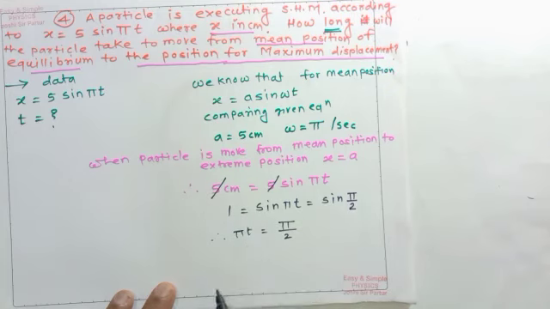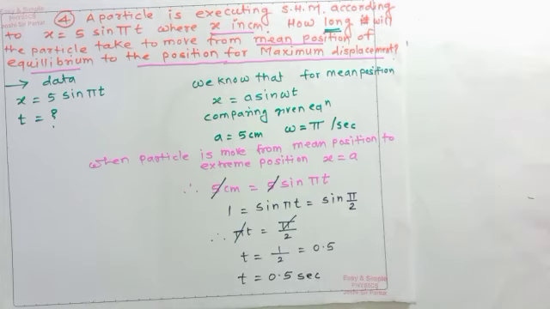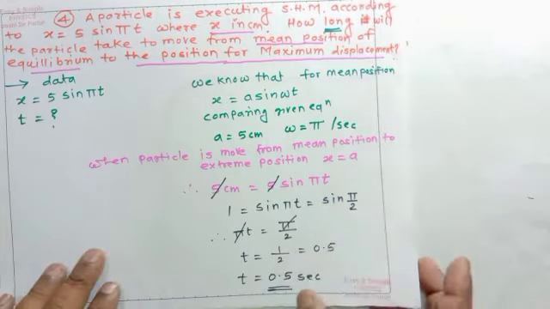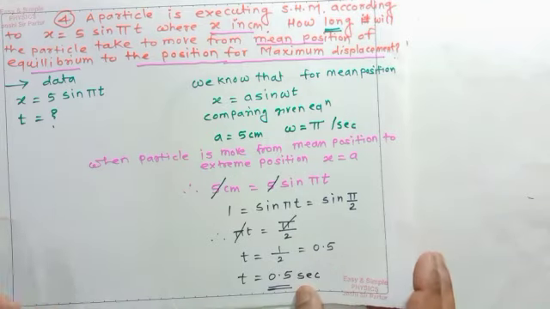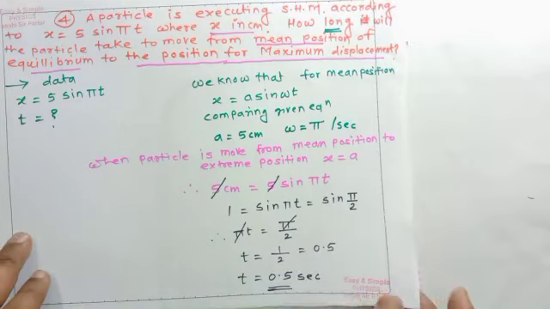Here pi gets cancelled. t equal to 1 upon 2, means 0.5. So the time the particle will take to move from mean position to extreme position will be 0.5 second. The answer is obtained for example number 4.